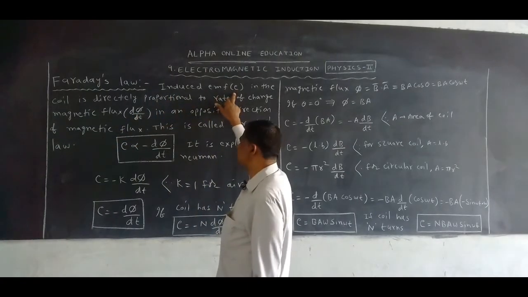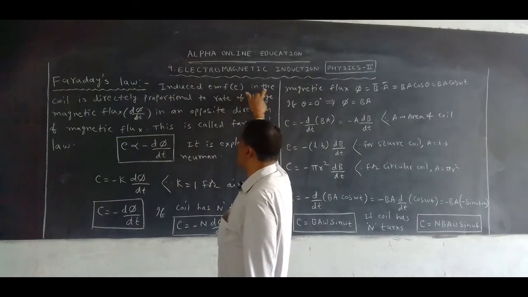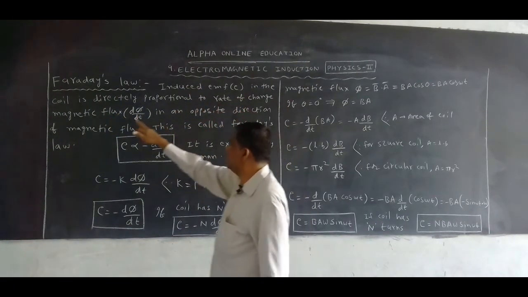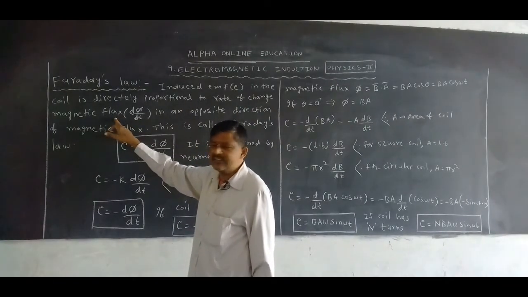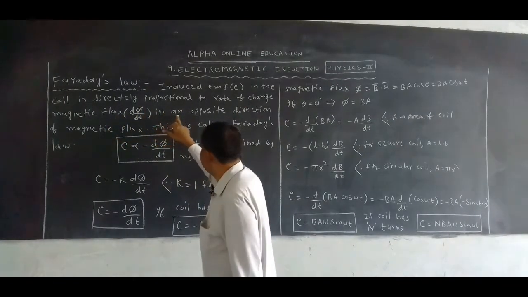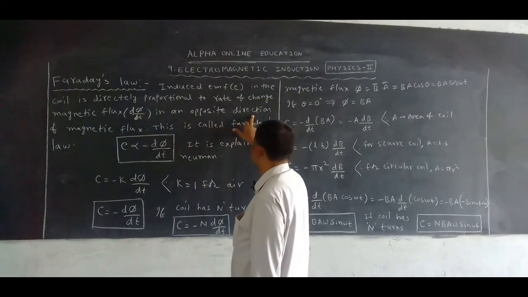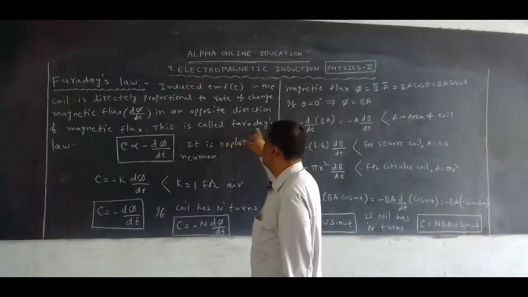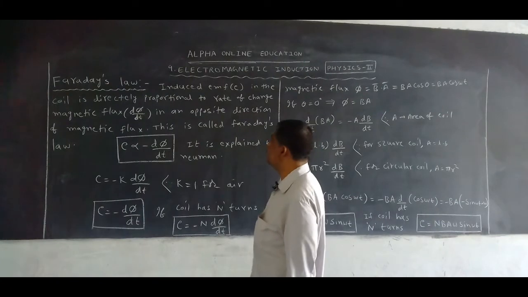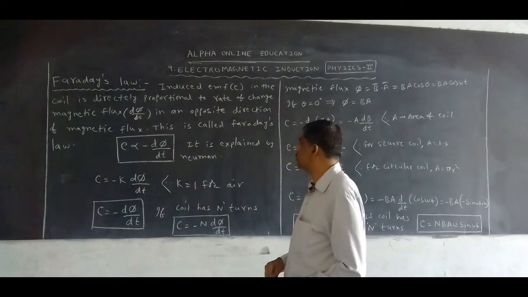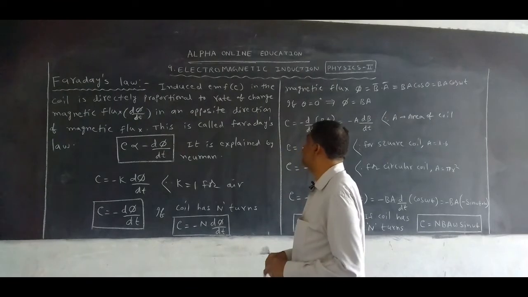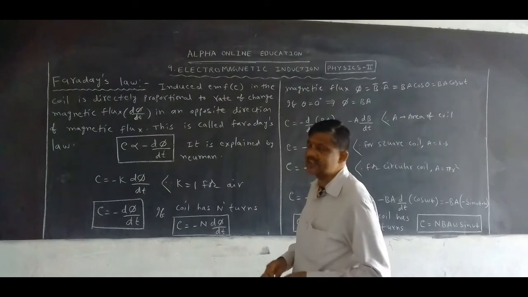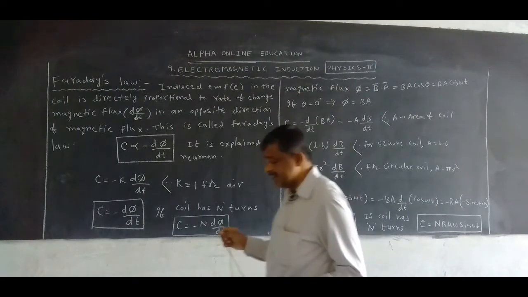Induced EMF symbol is E. The rate of change of magnetic flux is d phi by dt, in the opposite direction of the magnetic flux. This is called Faraday's law.